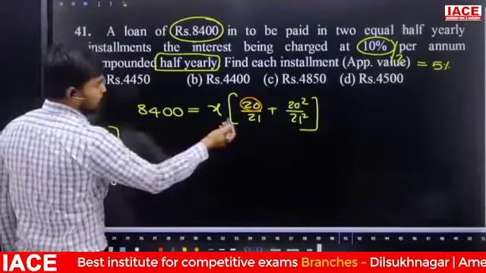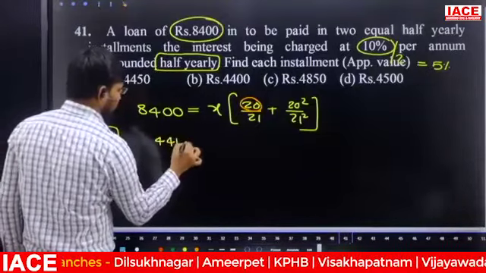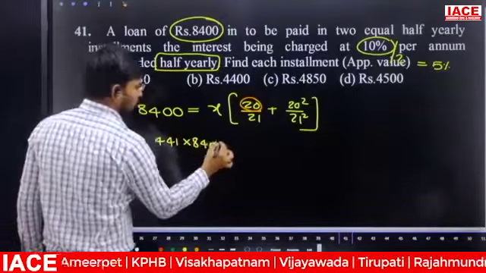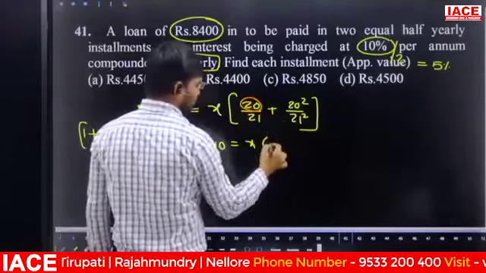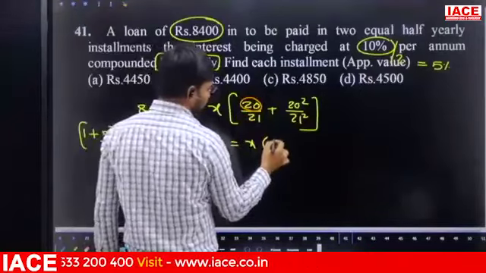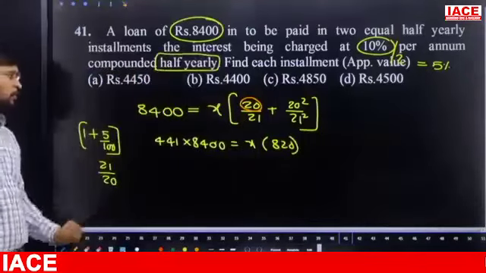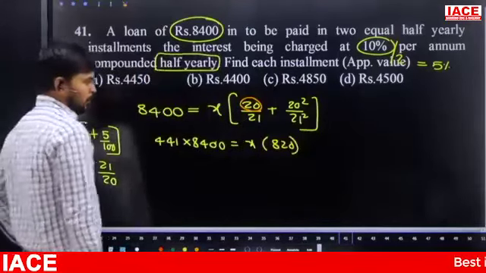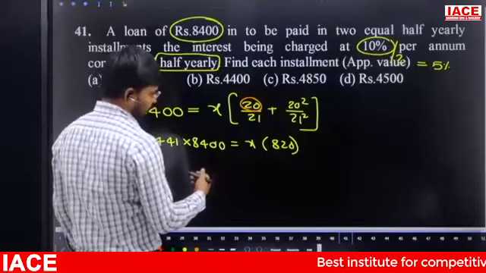Look at me. So 21 square now, 441. 441 into 8,400 is equal to x into, so 20 into 21, 420. 420 plus 400, 820. Okay. Now look at me. So in 4 table, I think 8 table, no, 4 table.